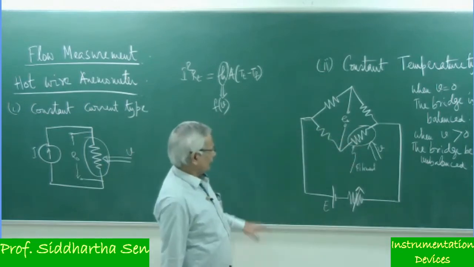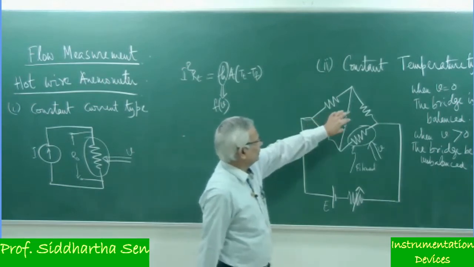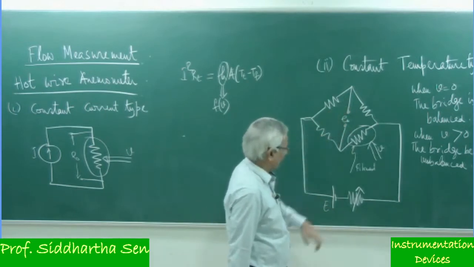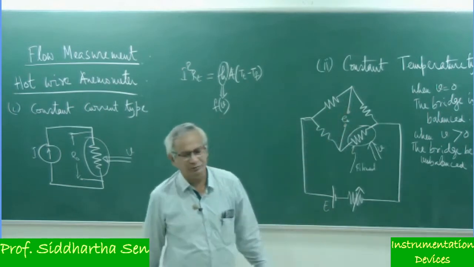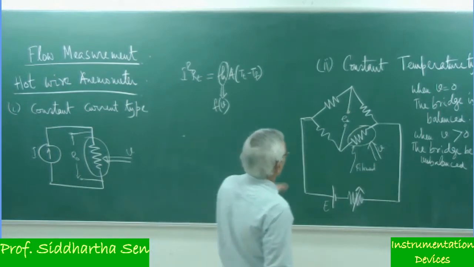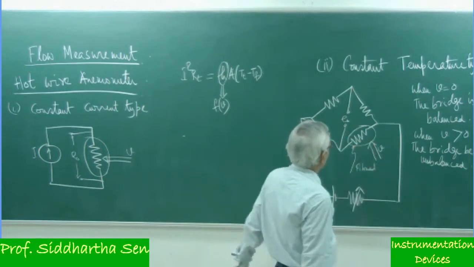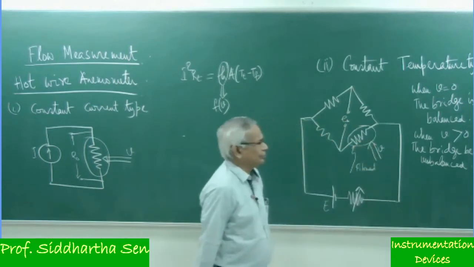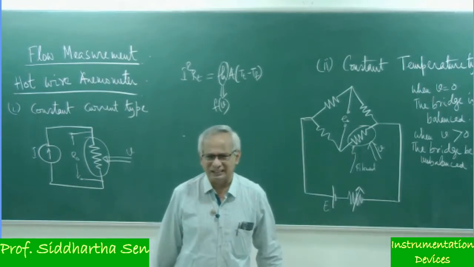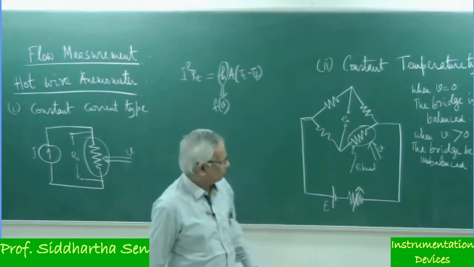Now suppose I depute some person who will always monitor the voltage there. He will see that as the unbalanced voltage increases, because the velocity increases, his job will be to try to bring the bridge back to balance.